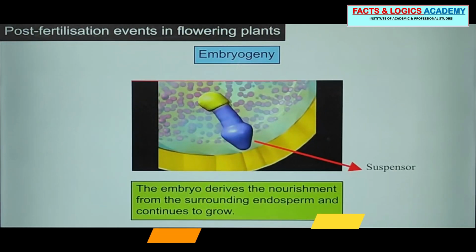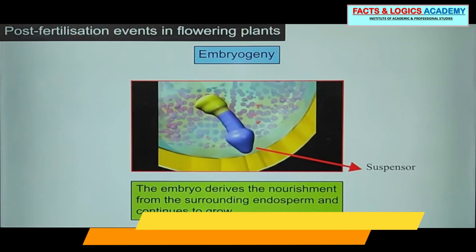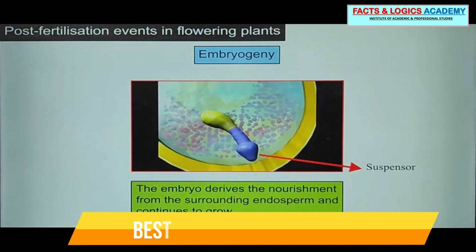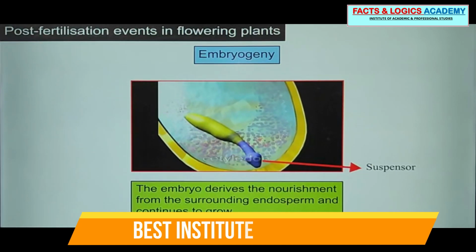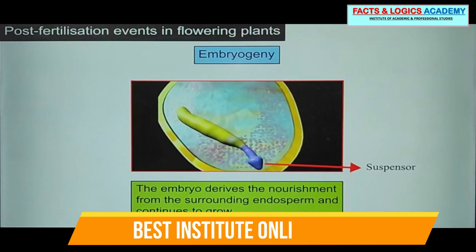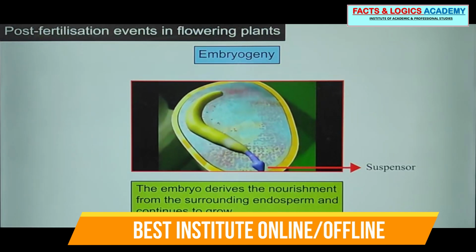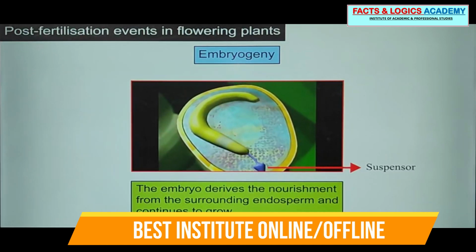The embryo derives nourishment from the surrounding endosperm and it continues to grow. It then differentiates to become a plumule, the young shoot, a radicle, the young root, and either one cotyledon in monocots or two in dicots, which are the seed leaves. It is attached to the wall of the embryo sac by a suspensor.